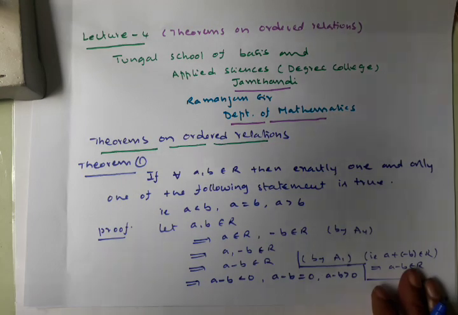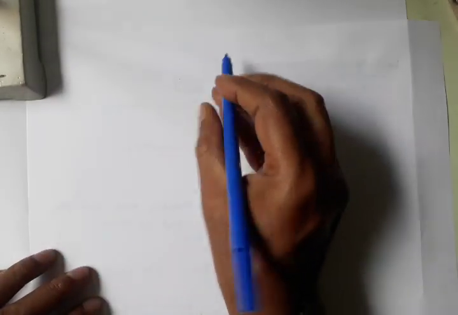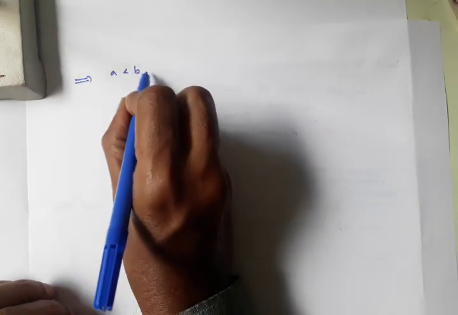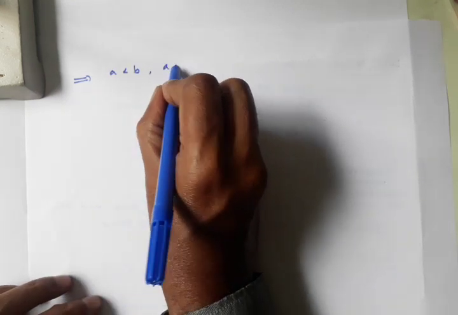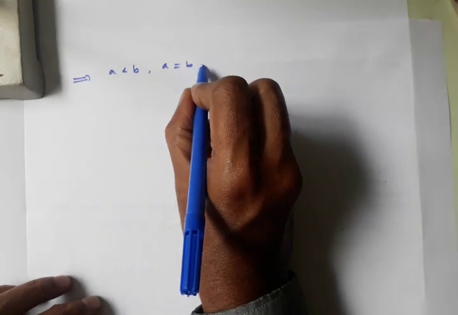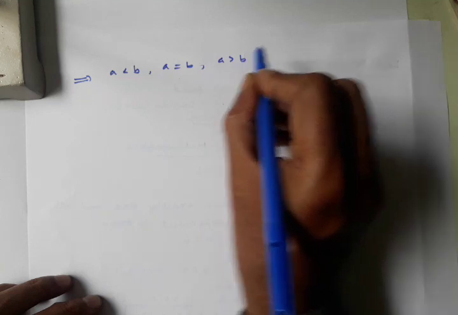This is true because any element in the real number set satisfies this. So as A minus B is less than 0, A is less than B. A minus B is equal to 0, A is equal to B. A minus B is greater than 0, A is greater than B.